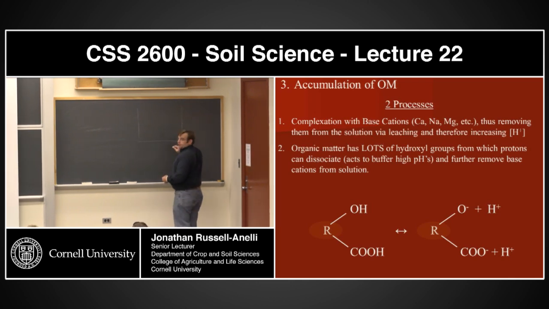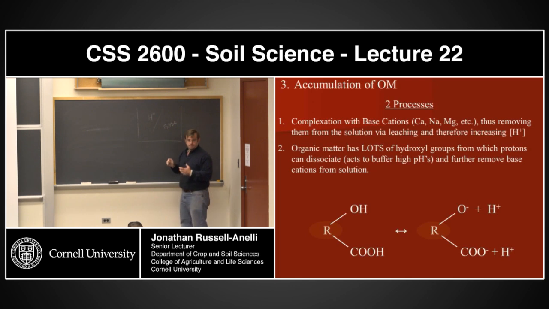Here's my soil solution. In this soil solution, I have a relative concentration of protons to bases. Does that make sense? Now, the pH is dependent upon this concentration in the entire soil solution.